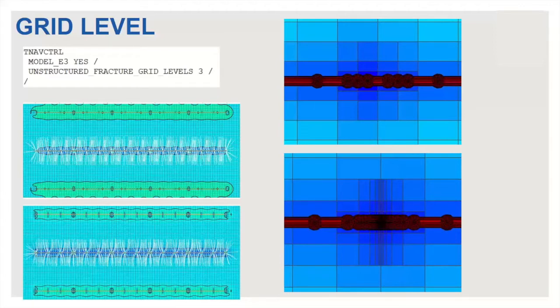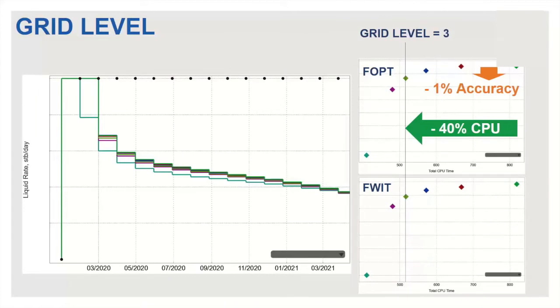So how do we choose the right grid level? When explicitly modeling numerical fractures, a trade-off has to be found between result accuracy and speed of calculation. The plot on the left-hand side shows on a monthly basis the liquid rate production for the producer, and you can see the different grid levels don't line up exactly.